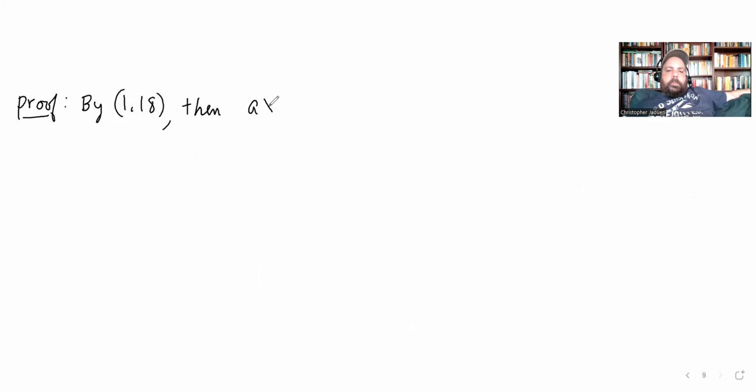Then a lambda squared plus b lambda plus c is the same thing as a times lambda squared plus b over a lambda plus c over a, which is greater than 0.